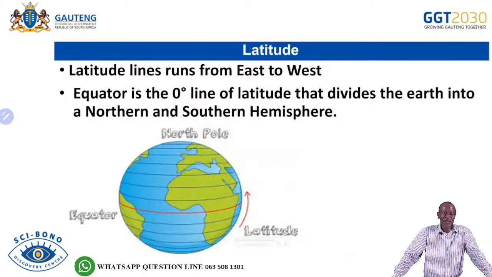Essentially, we said all regions of the world derive their time from this line of longitude. May I also emphasize that time is of essence for us as tourism learners.